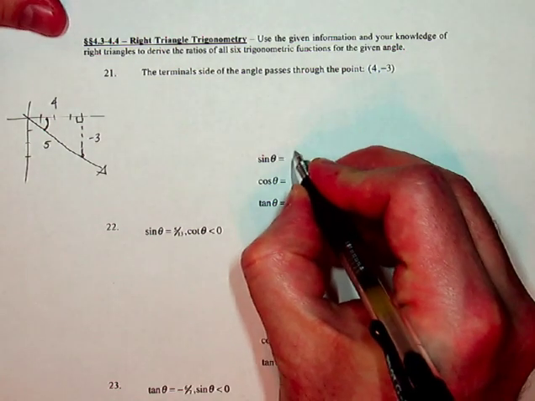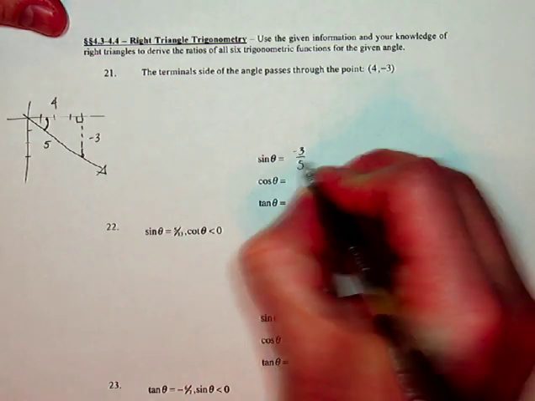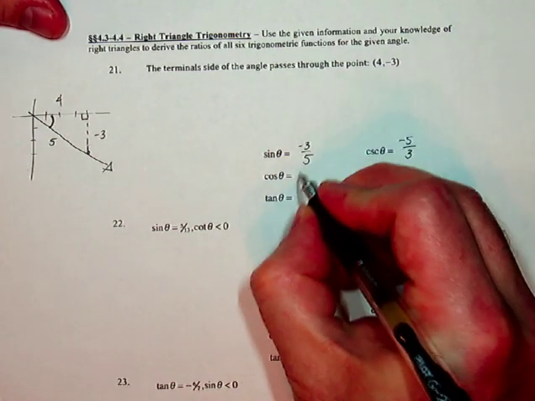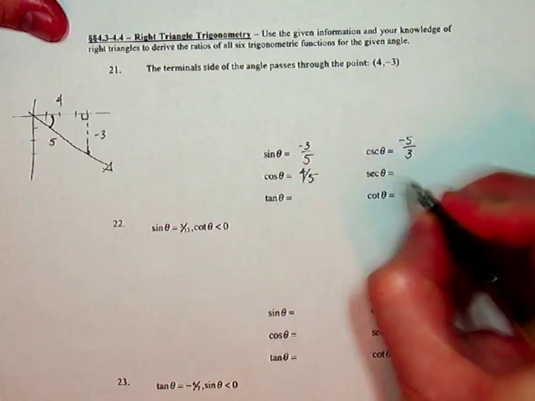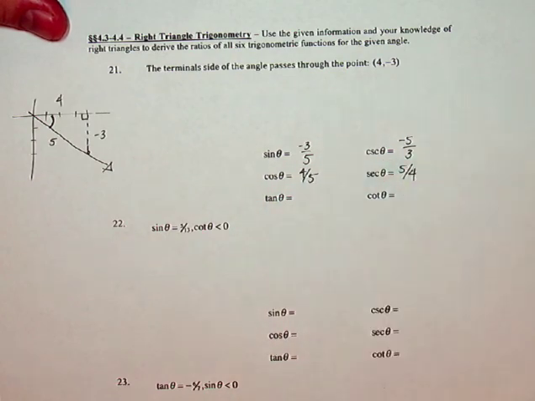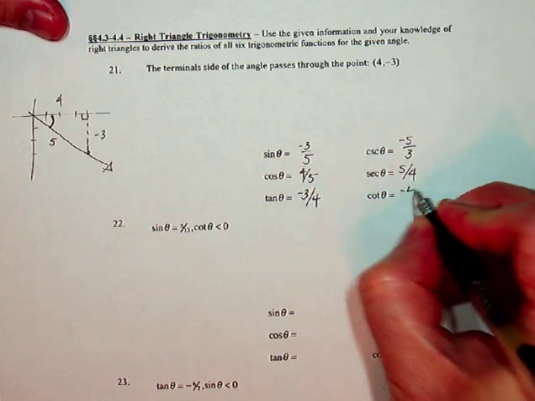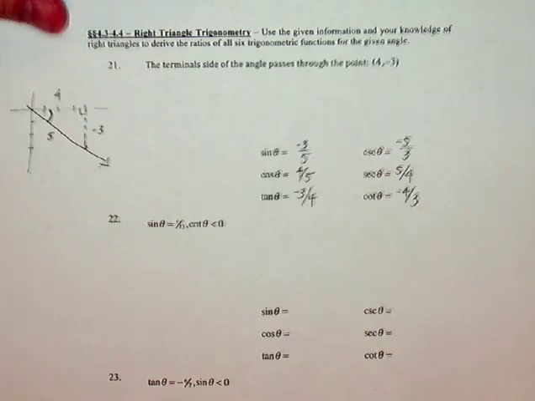You have sine, which is opposite over hypotenuse, and cosecant, which is its reciprocal. Cosine is adjacent over hypotenuse, and secant is its reciprocal. Tangent is opposite over adjacent, and cotangent is its reciprocal.